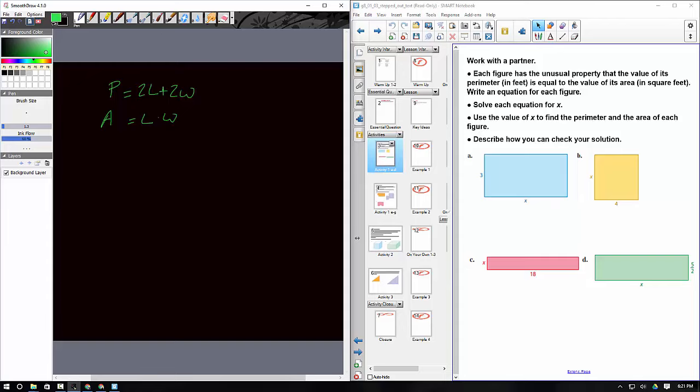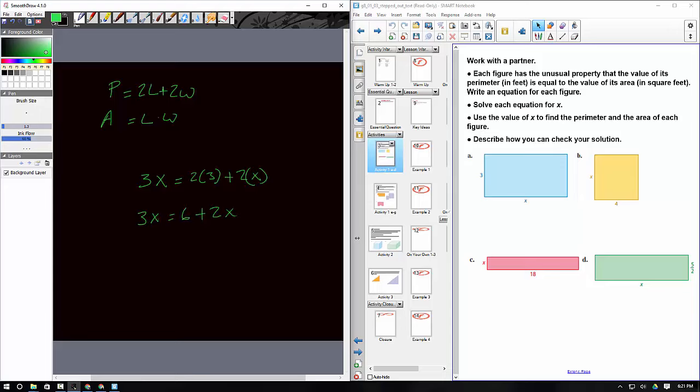For area, it'll be 3x, because 3 times x, and that will all equal 2 of the length, which is 2 times 3, and then 2 of the width, which would be 2 times x. I'll rewrite this, and I'll have 3x equals 6 plus 2x.